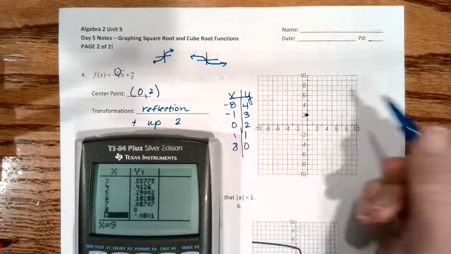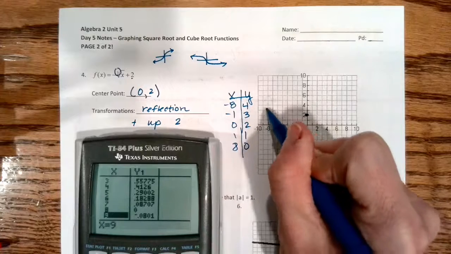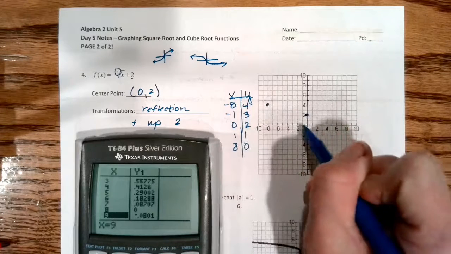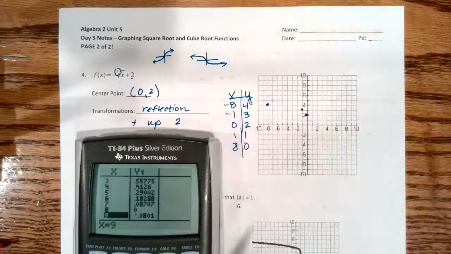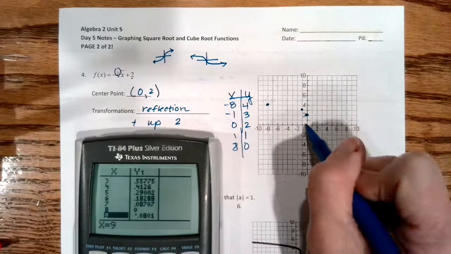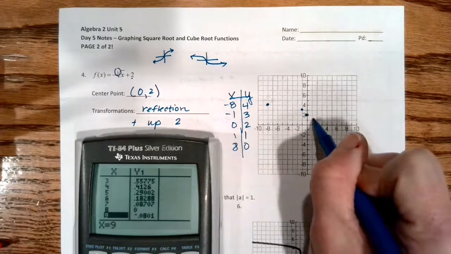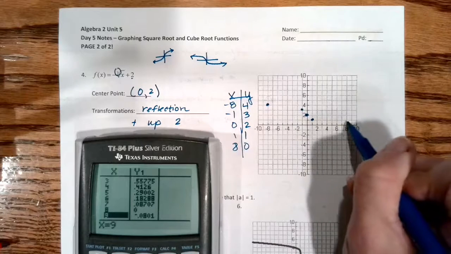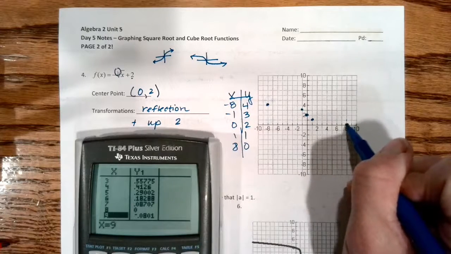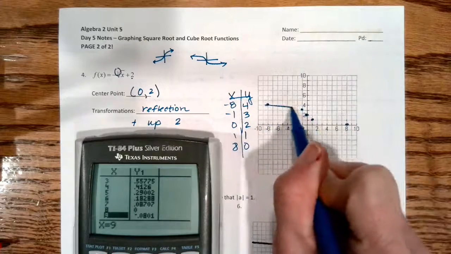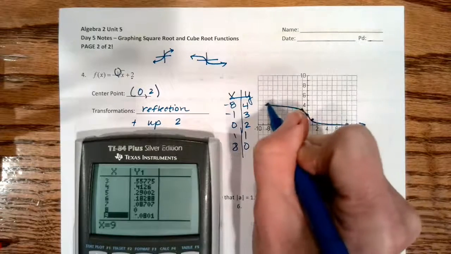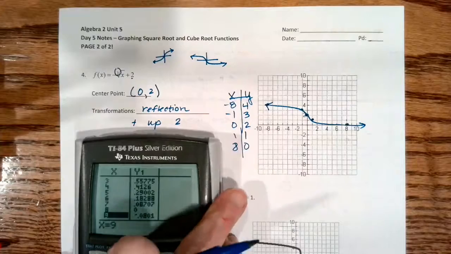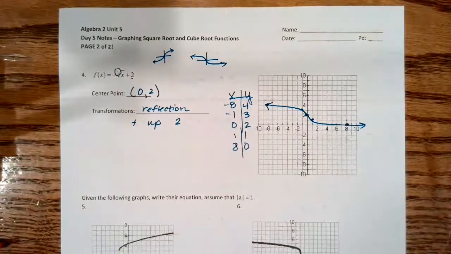So I have over negative 8, up 4, over negative 1, up 3. Here's my center point, over 0, up 2, over 1, up 1, and 8, 0. So there I have my cube root graph that's a reflection and moved up 2.